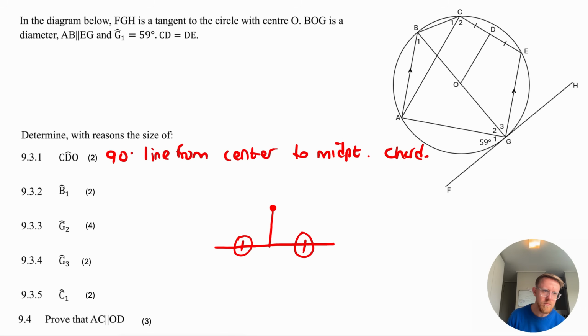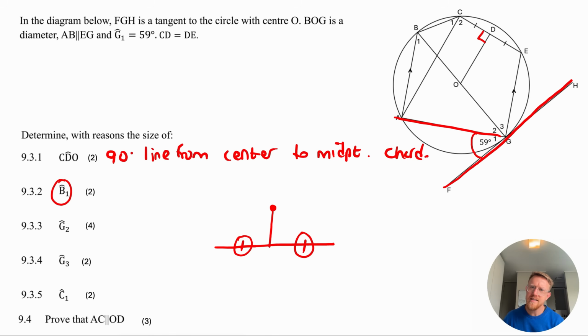Okay. Now this question says, what is B1? B1, oh, let's first just remind ourselves that that's 90. B1, okay. So, right, can you see we've got a tangent here? And then we've got a chord over here. Now that chord and tangent, they've got this angle 59 in between.